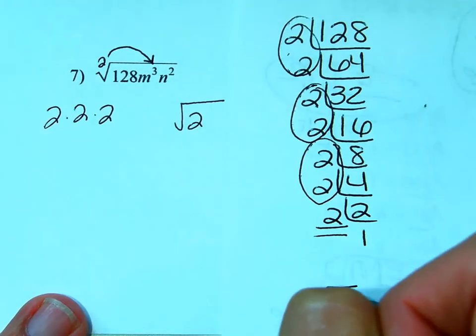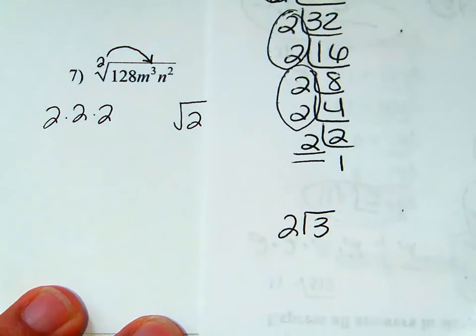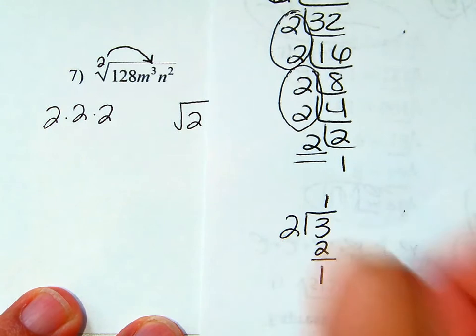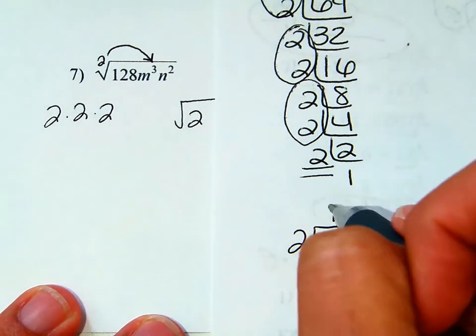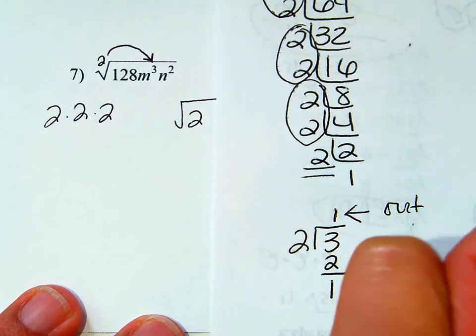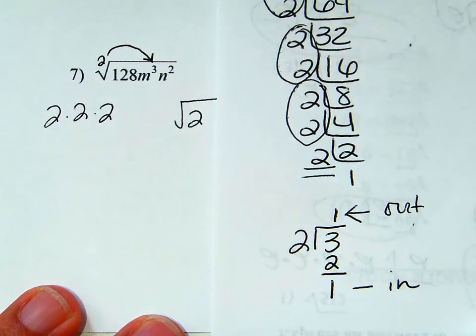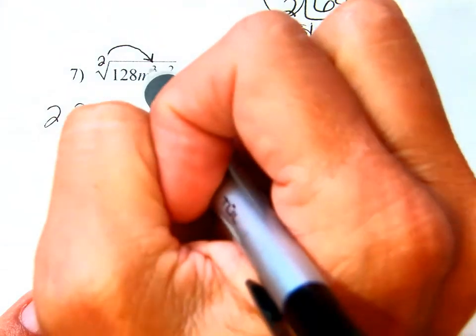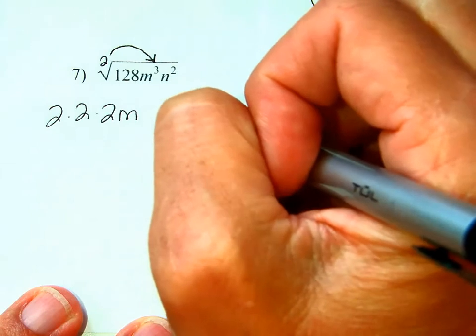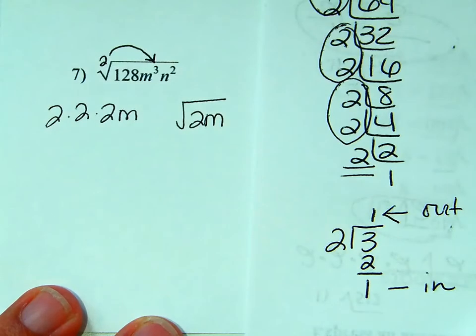I'm just going to do that right here so you can see. If I say 2 divides into 3, it will go in 1 time with 1 left over. So this tells me exactly how many come out and how many stay in. So 1 m will come out and 1 m will stay inside.